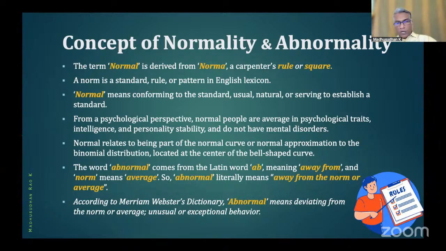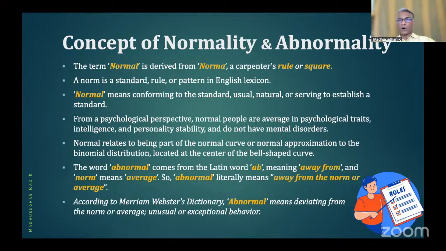The word abnormal comes from the Latin word ab. Ab means away from. Norma means average. It's a Latin word. Ab, norma: abnormal. So literally it means away from the norma or average.